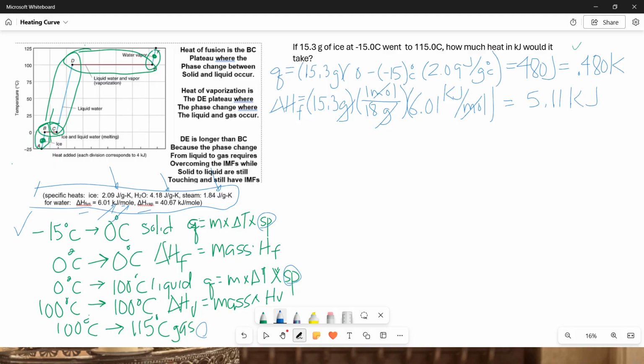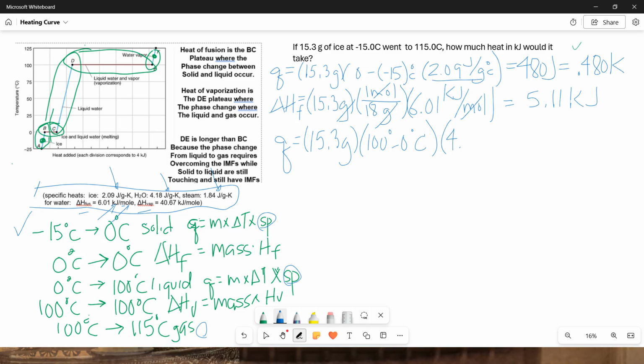kilojoules. Okay, now we're along CD, where we're in the liquid state, so we're back to Q. We're going to just have a change in temperature, so 15.3 grams times 100 minus 0 times the specific heat. Now, that's going to be different than what ice was.